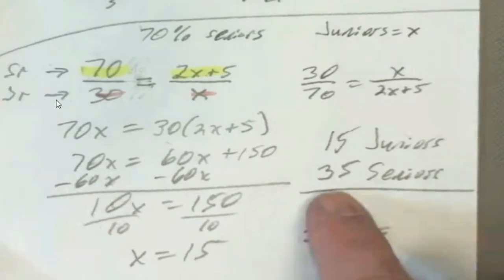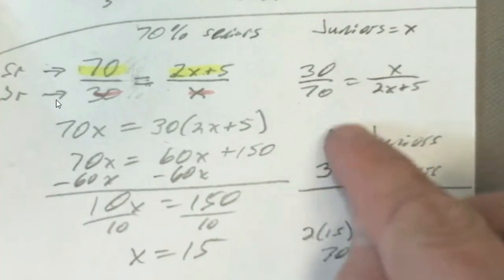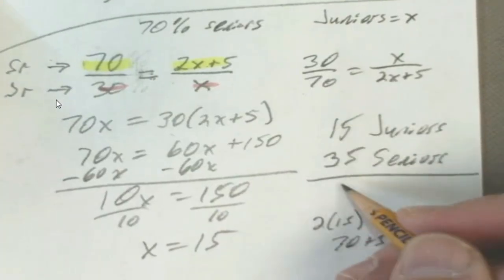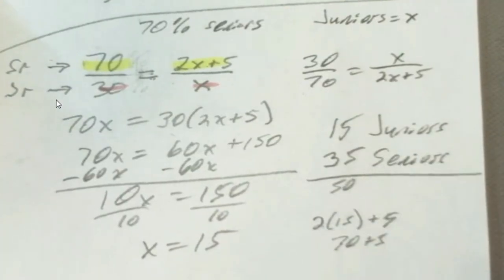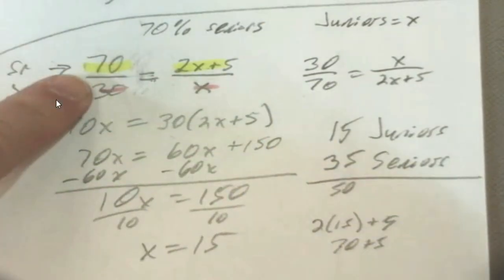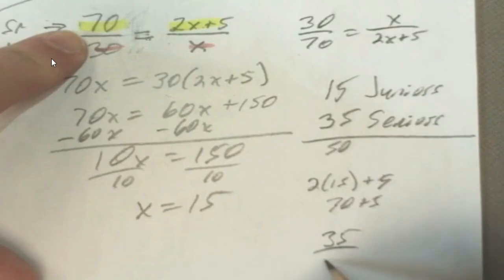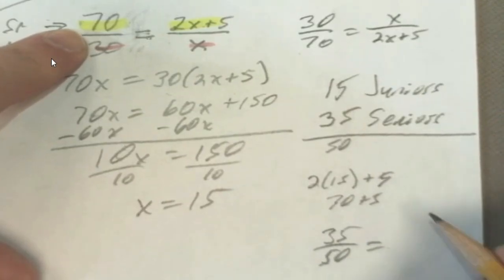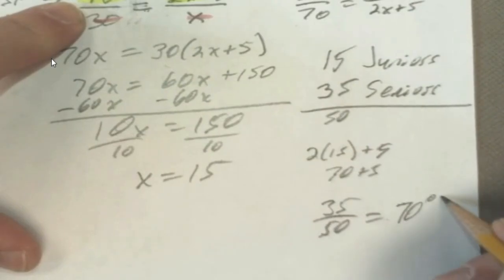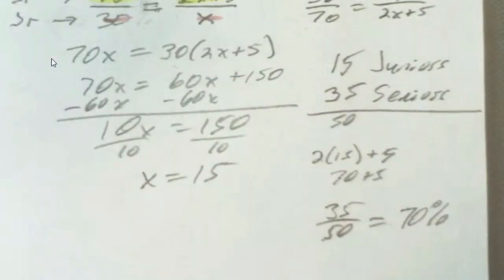If we want to test that, is that right? Well, how many students total are in the math club? Add those together, there's 50. It told us the seniors were 70%. 35 divided by 50. Is that 70%? If you're not sure if that's 70%, I'll show you how to test it.